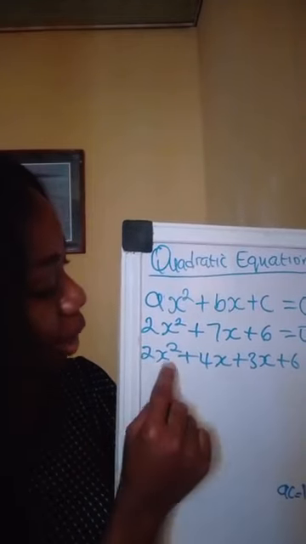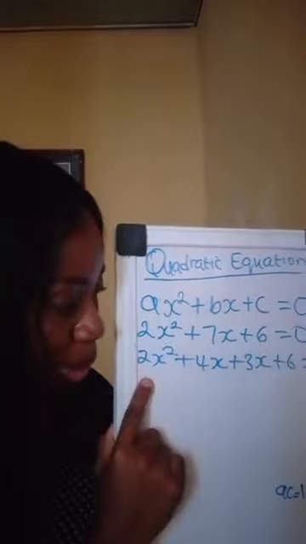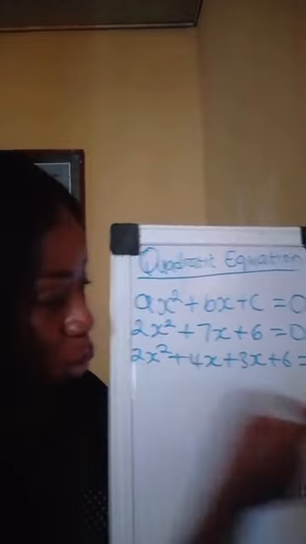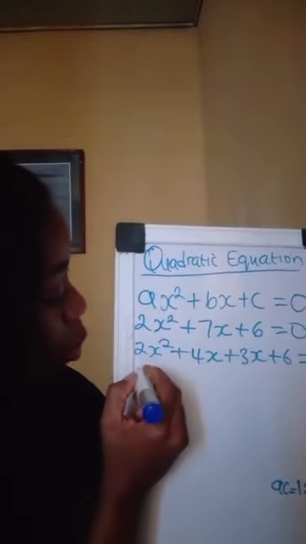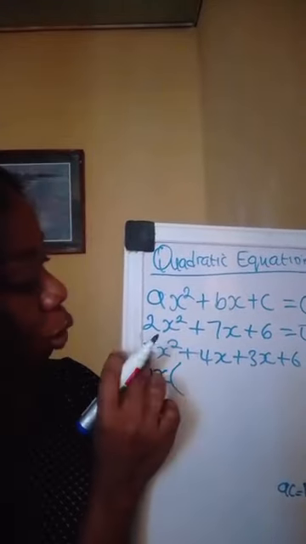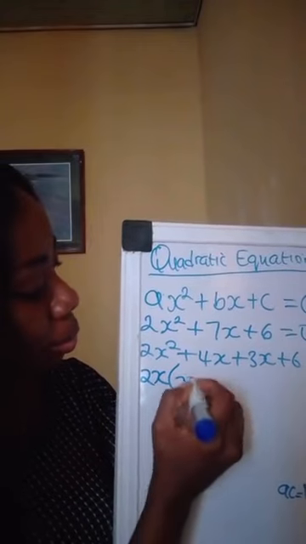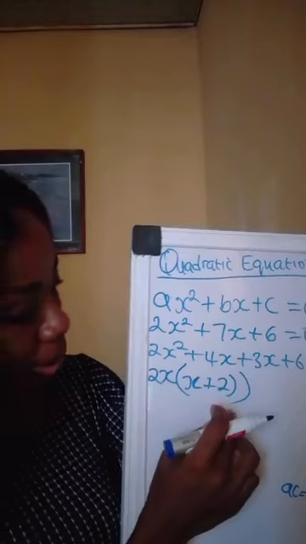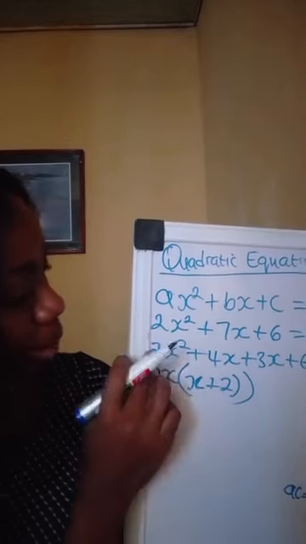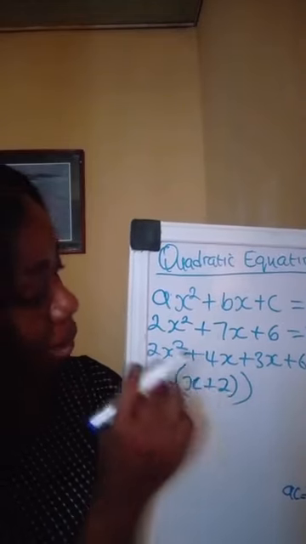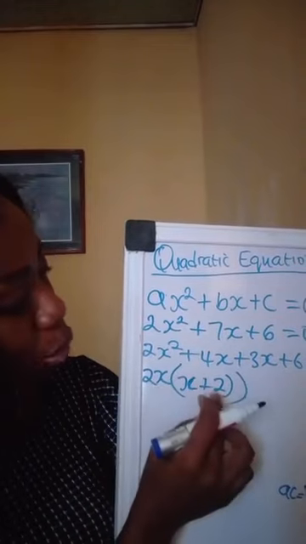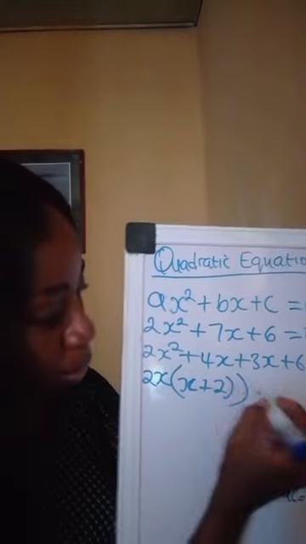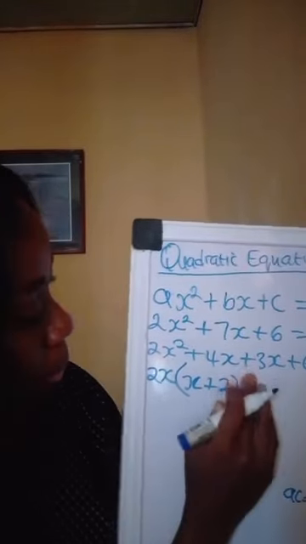Because 2x can go in 2x squared without a remainder, and the same 2x can go in 4x without a remainder. So we'll take the common term, that's 2x. And what will be left here is x plus what will be left here is 2. When you look at this, 2x times x is 2x squared, and 2x times 2 is 4x.